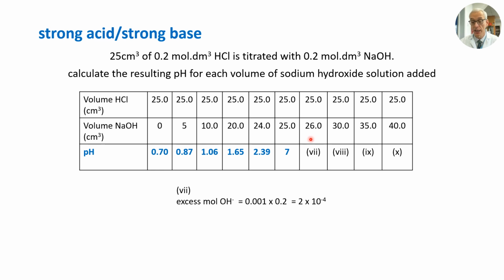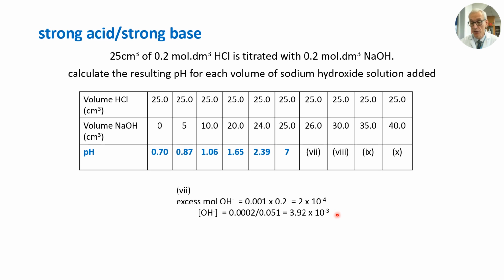So we have an excess of 1 centimeter cubed of sodium hydroxide at concentration 0.2, which gives us 2 times 10 to the minus 4 moles excess hydroxide ions. From that, we need to move to a concentration, so we're dividing the number of moles by the volume. The volume is 25 plus 26, which gives us 3.92 times 10 to the minus 3 moles per decimeter cubed.